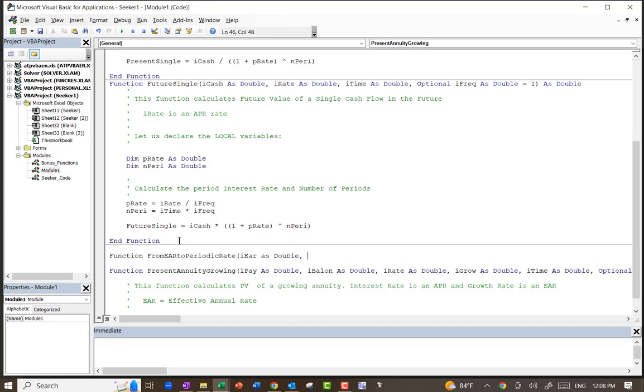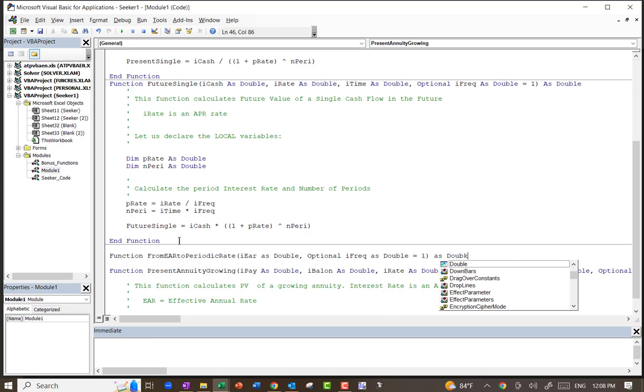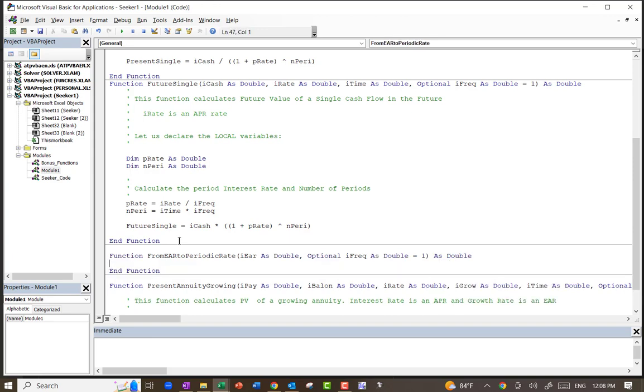And the formula is simple. Again, I'm a civilized person. I'm not going to type all of this again. There is something called copy and paste. Equals 1 plus iYear raised to the power 1 over iFreq, and minus 1.